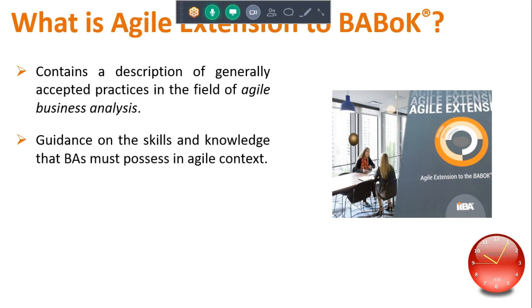The Agile extension does provide, similar to what the BA body of knowledge provides, some encyclopedic kind of guidance about techniques that are generally applicable to doing business analysis in an Agile environment. One of the key things about it is that these are just guidelines to get you started.